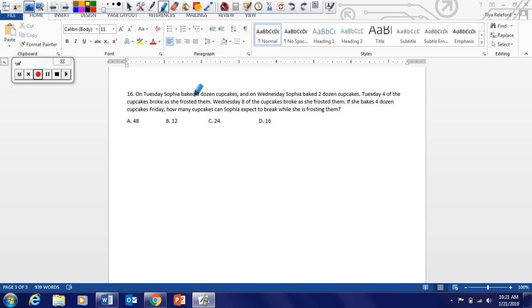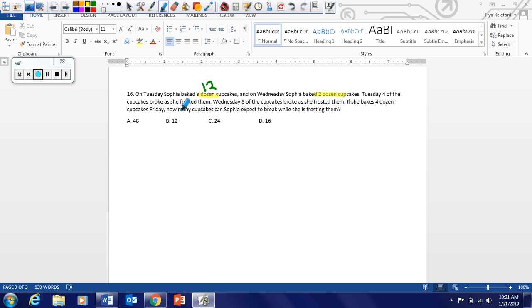On Tuesday, Sophia baked a dozen cupcakes, and yes, you should write the number 12 above dozen. They're testing to see if you know what that means. On Wednesday, Sophia baked 2 dozen cupcakes.